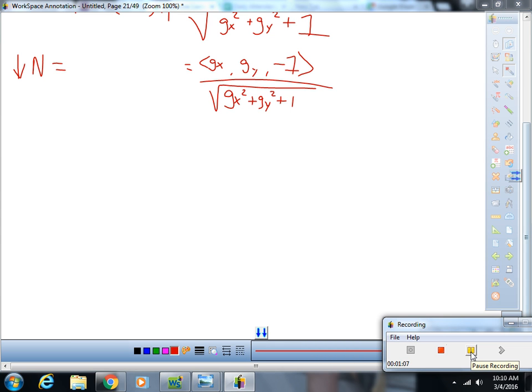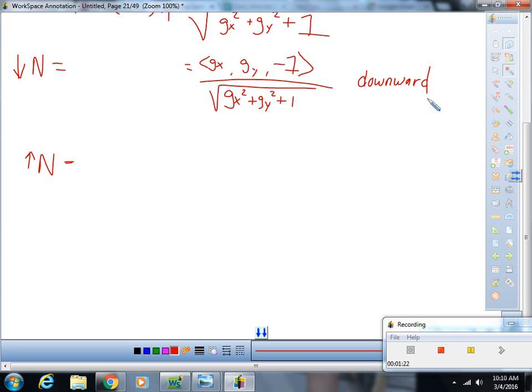Okay, now the next set of equations is how to find the normal vectors. So this is the upward one, and remember, this was the downward one. Okay? This would be if you were given the surface parametrically.